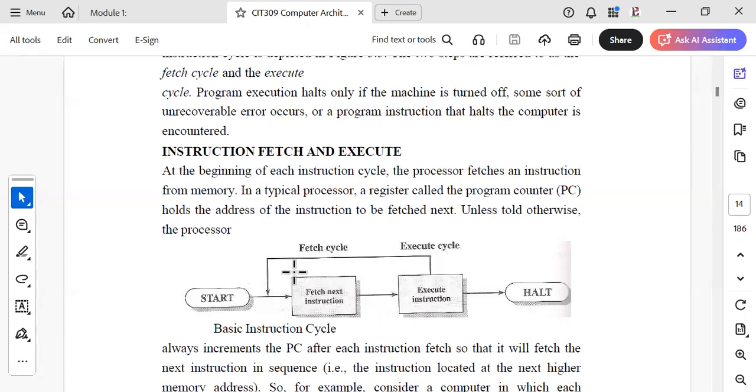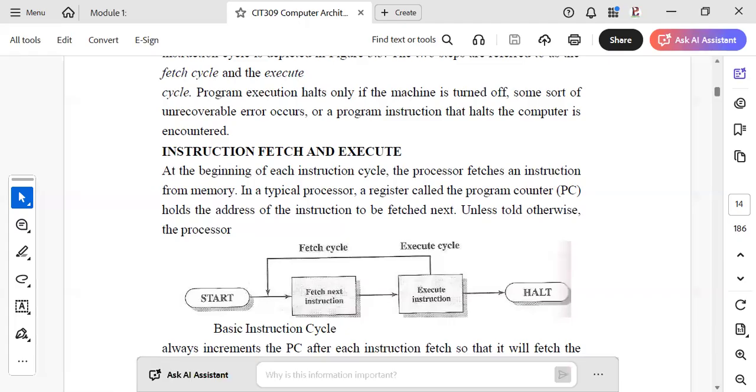Then it goes on to fetch the next instruction. That is the explanation that is written here. From starting to fetching the next instruction and then execute instruction, and of course halt, that's like the end. Not really the end because it's just like a small pause. The execution continues. That is what is written here.